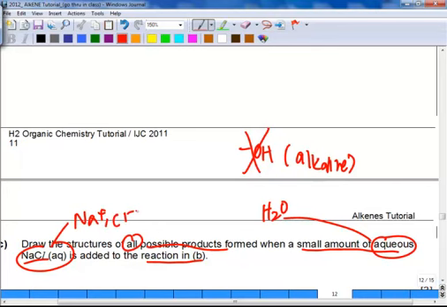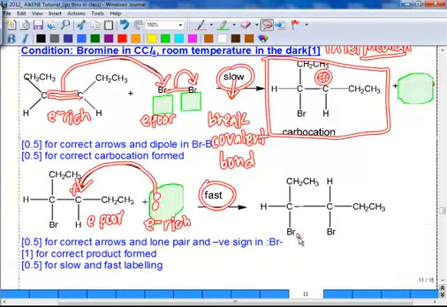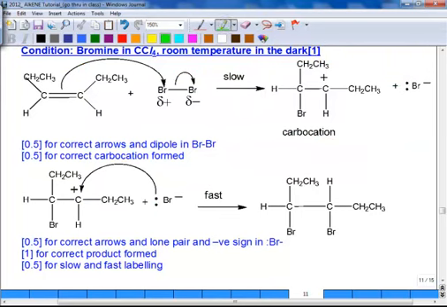So based on these three, you go up to the mechanism again. Do you still recall what a nucleophile is? Nucleus loving. That means you yourself have a negative charge and lone pair.